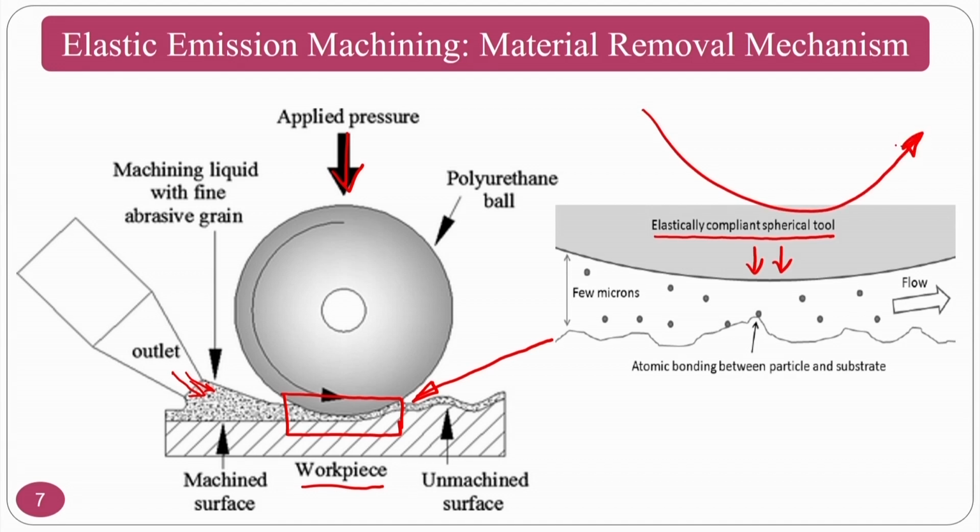Okay. Because of this, these particles are forced towards the surface of the workpiece, and at the same time the slurry is there. This slurry is a liquid and it will remove the material. How it will remove the material, that we will see.